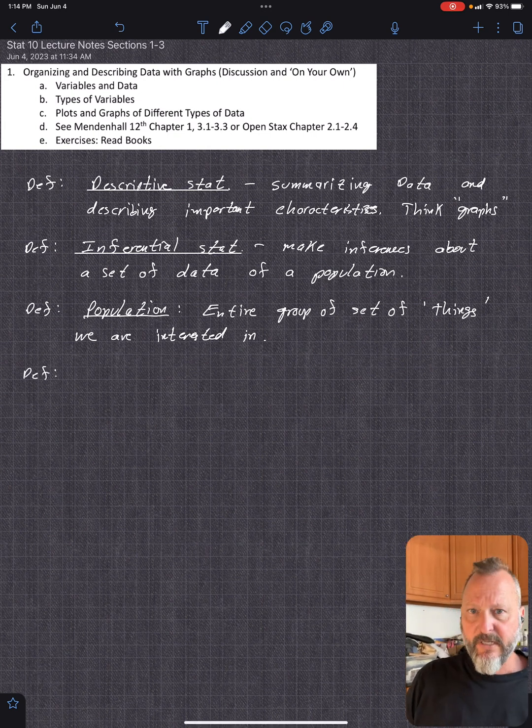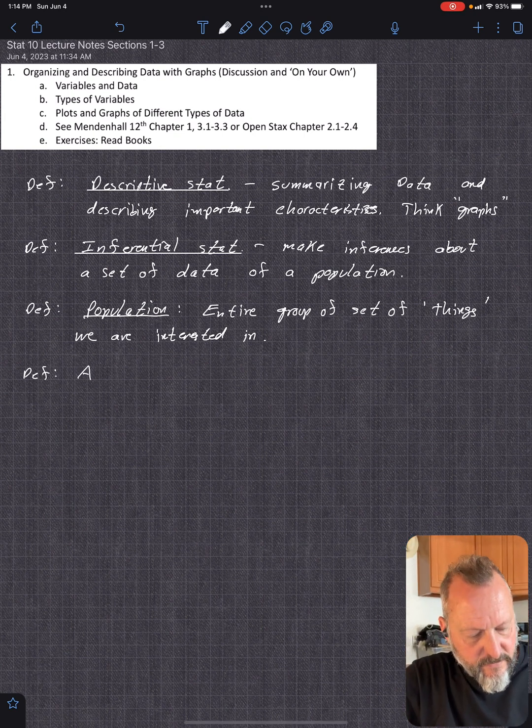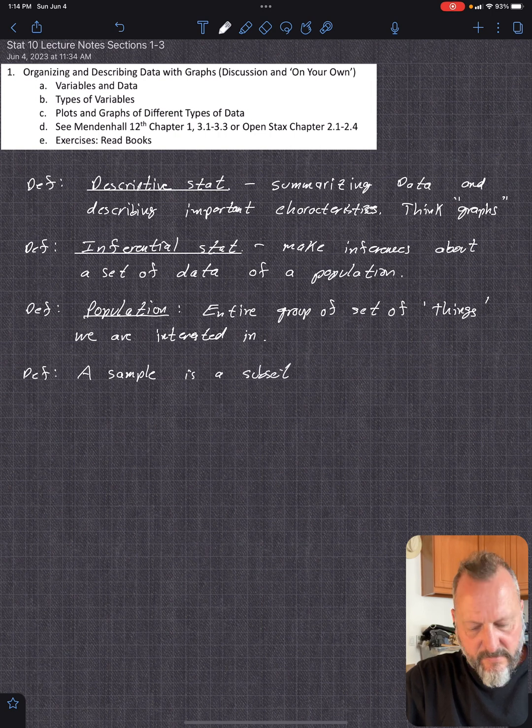So, a sample is a subset of the population.